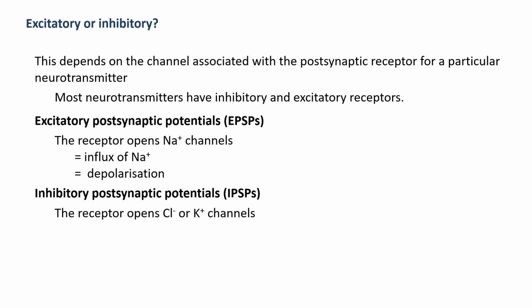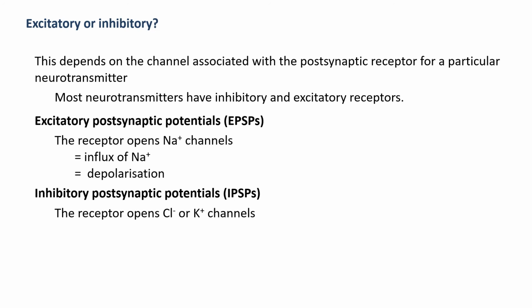Inhibitory postsynaptic potentials, the neurotransmitter binds to a receptor that's either associated with chlorine channels or with potassium channels. Now think about our ultimate goal with inhibitory. We're trying to create an area of hyperpolarization. In other words, it's going to be more negative inside the membrane.